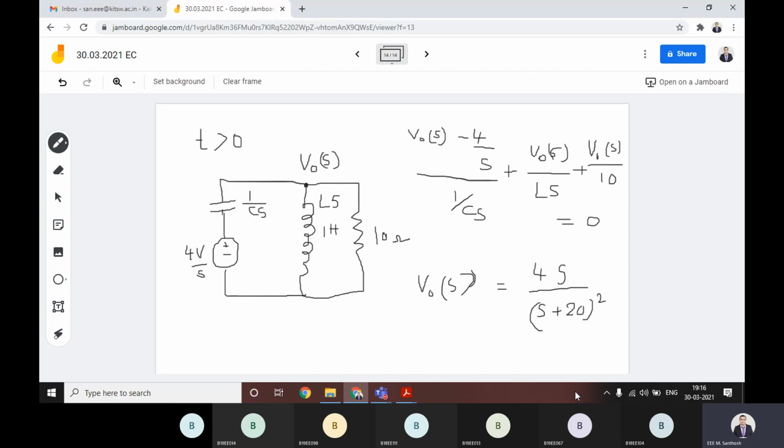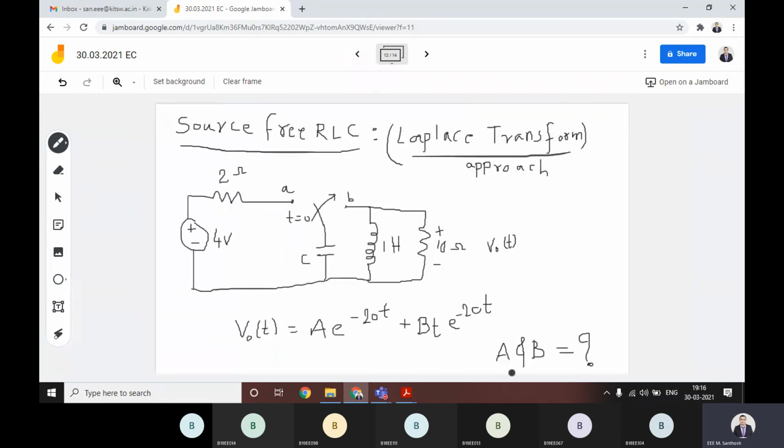Is it okay? Then you check again. If you get this expression, they have asked us to find the values of A and B in this expression, right?